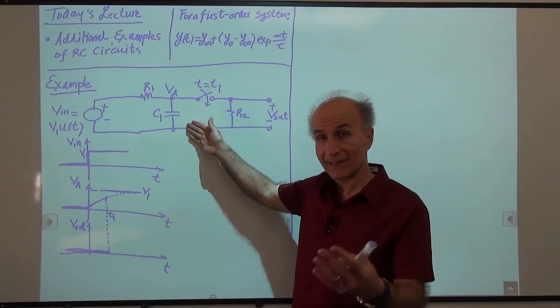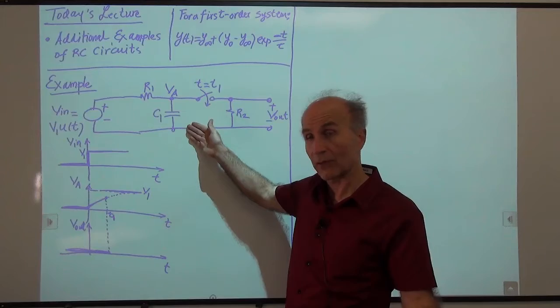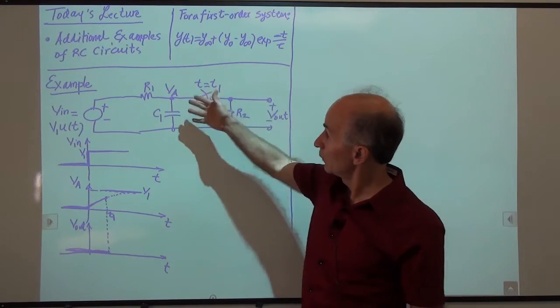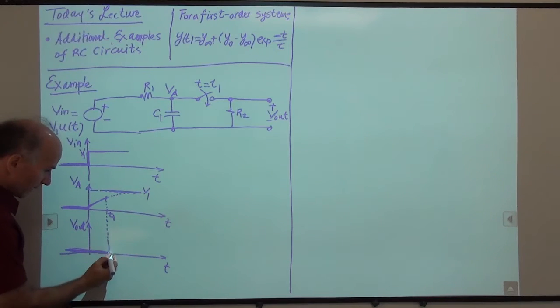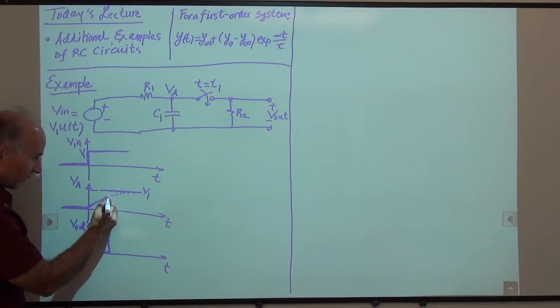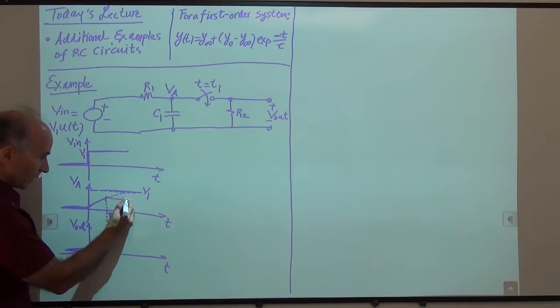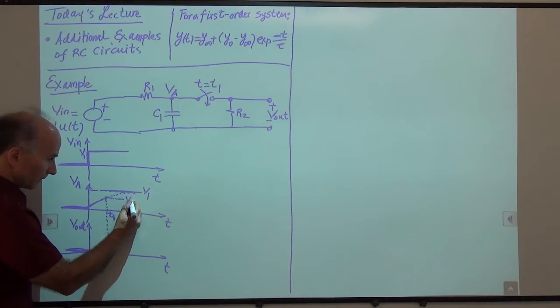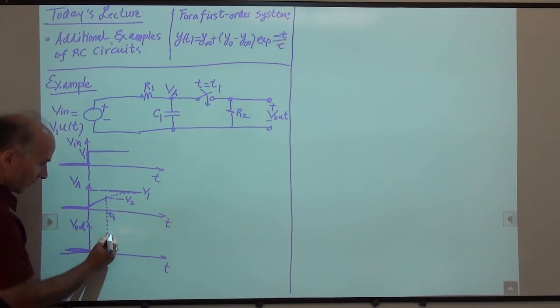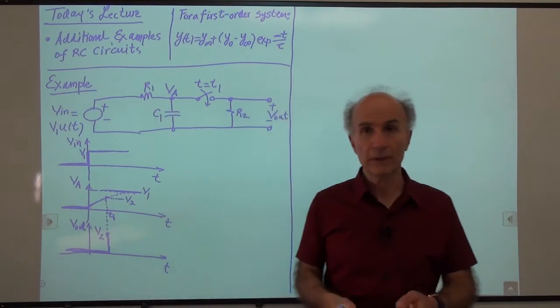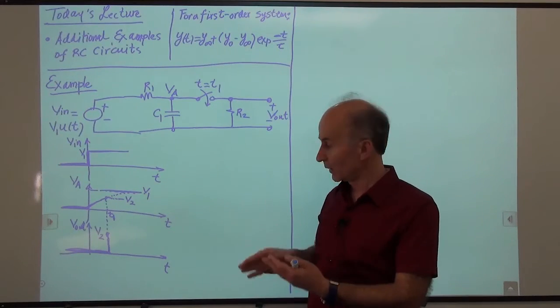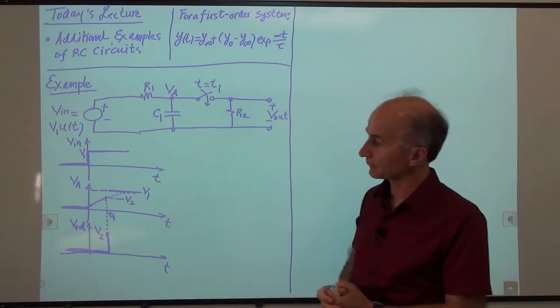It doesn't change suddenly, right? So the voltage at the output will be equal to VA. So the voltage at the output jumps to this value. So let's call this value V2. So V out jumps to V2. Okay? The switch just turned on and introduced the voltage on the capacitor to the output. So the output jumps to V2.